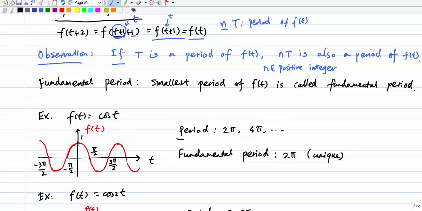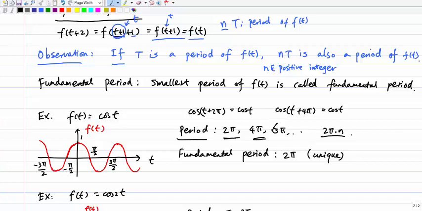The period is 2 pi, 4 pi, and so forth, because cosine(t + 2 pi) is also cosine t, and cosine(t + 4 pi) is also cosine t. So any 2 pi times n is a period, and the fundamental period is 2 pi, the smallest period.